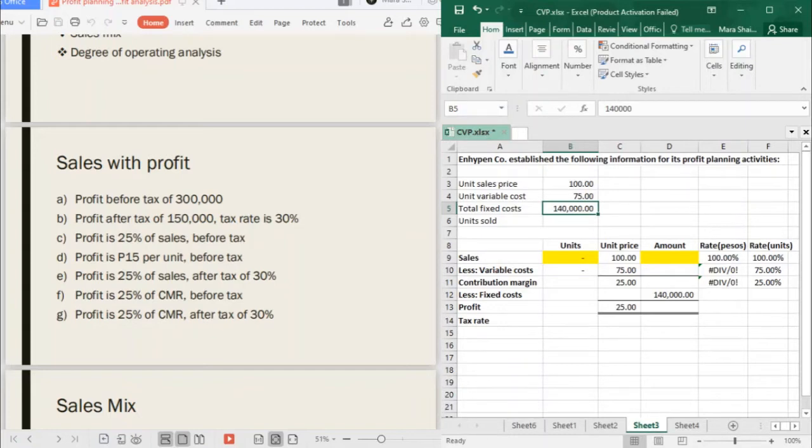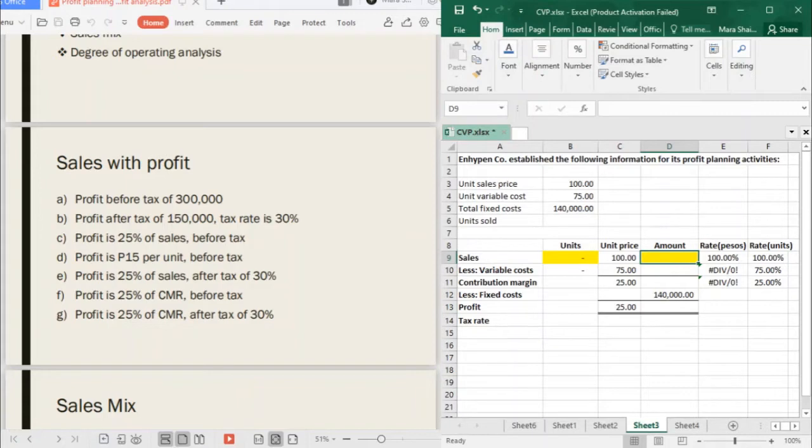Now let's try working on the first case. So these A to G are independent cases. These are independent cases. So let's try to work on it one by one. So first is profit before tax of 300,000. So our objective here is to compute for the sales.